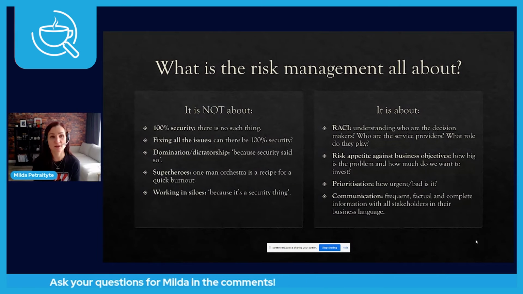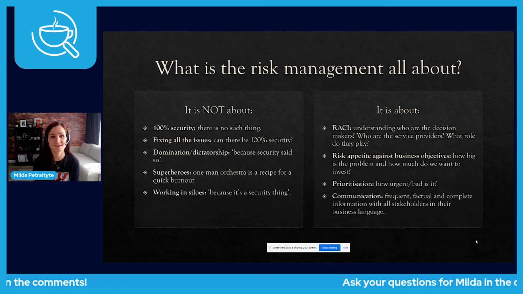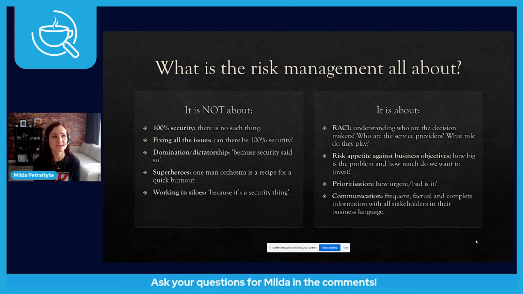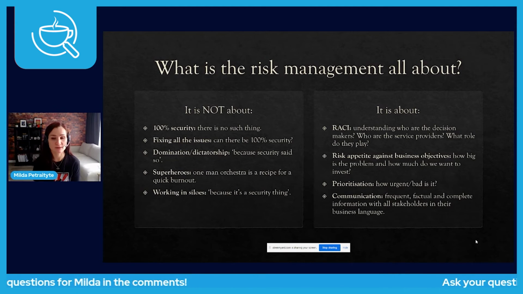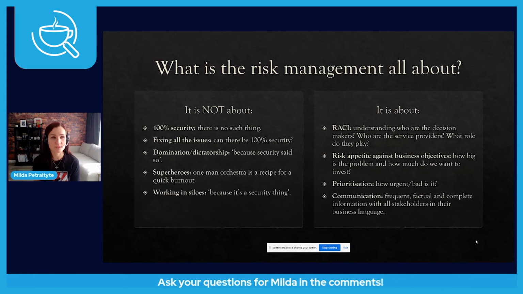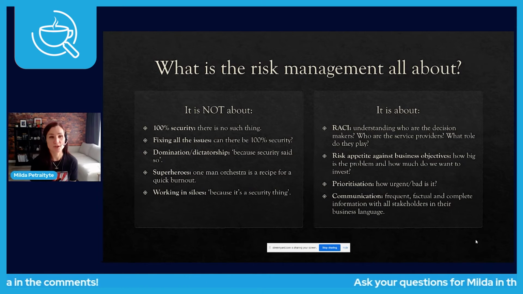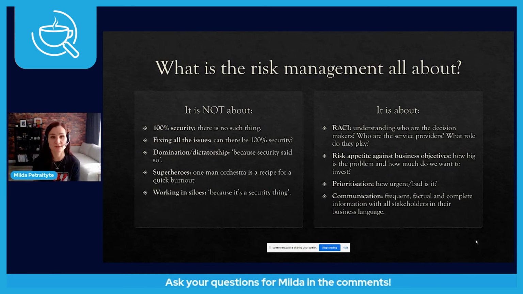Security is not there to tell what needs to happen in the business, because they are not the department that controls the organization. Also, many times there are people complaining about health issues because they are overworked. There is so much work in security, a lot going on for one person, impossible to do. That's a superhero mentality as well, which is really not healthy, because this is not a job for one person.